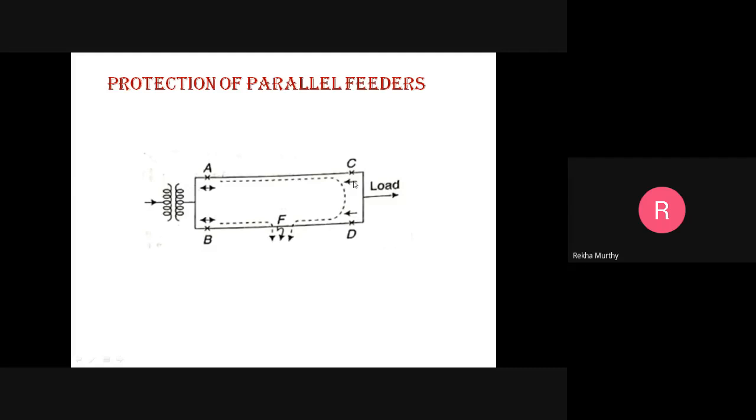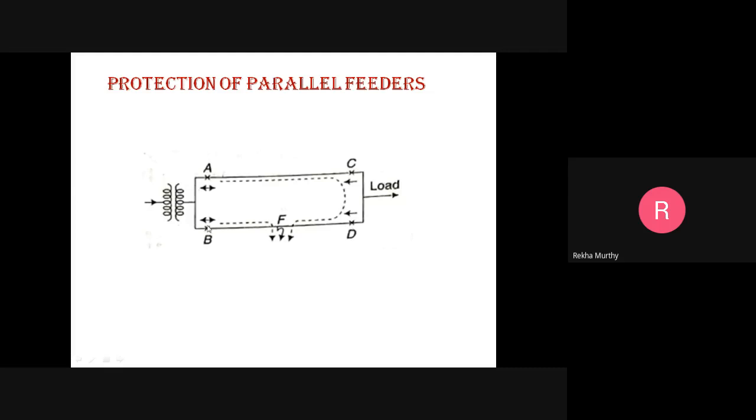Suppose a fault occurs at F, at this position. The directional relay at D will trip, because the direction of the current is reversed.